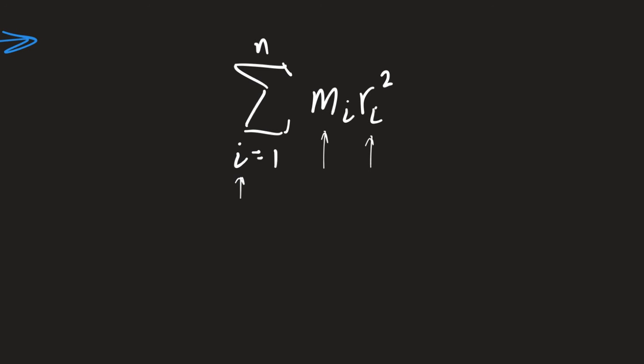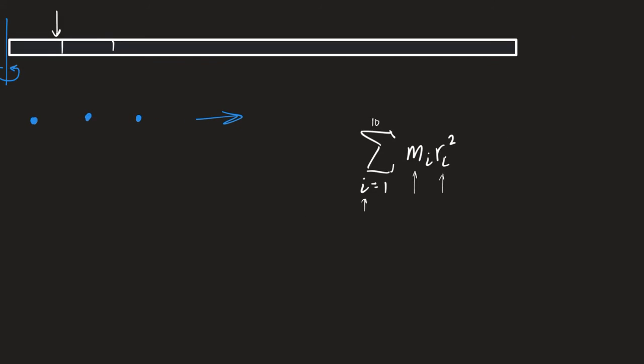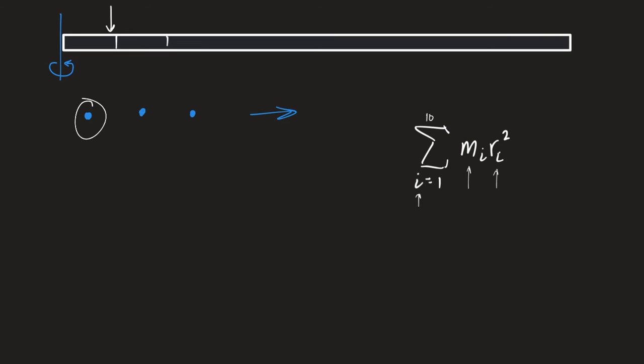So for what we are about to do, there are 10 objects, so I'll be adding together 10 things. The first thing, M1, is located here, 5 centimeters away from the axis of rotation.